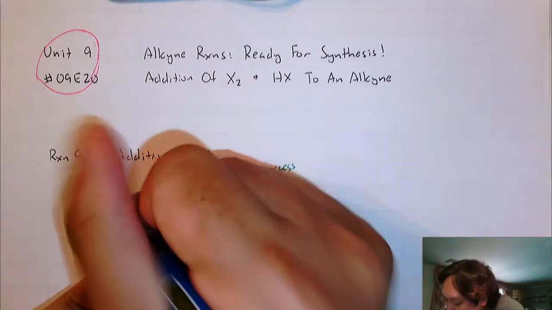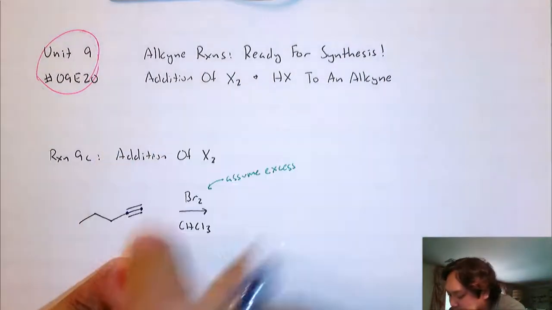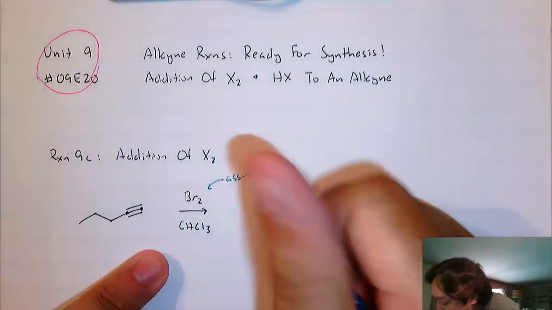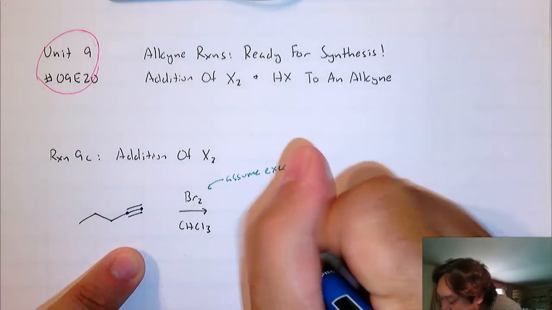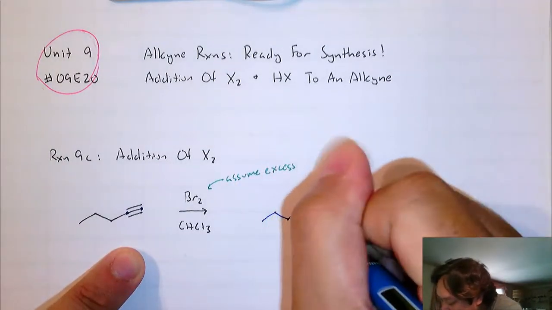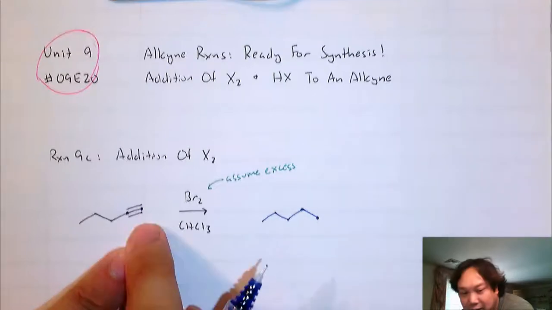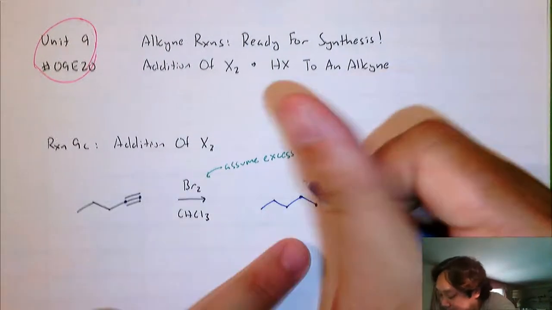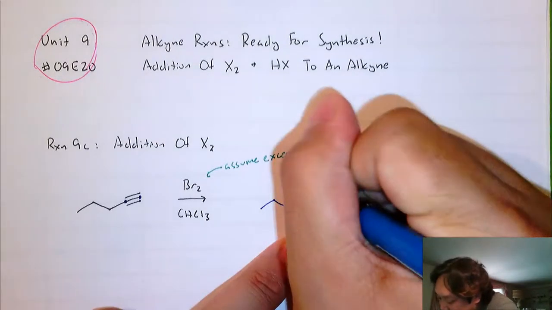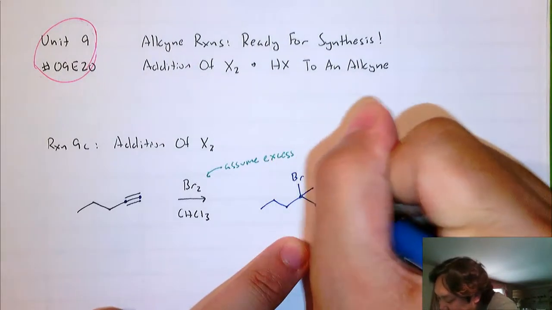Put 2 dots on your carbons of the alkyne, because you don't want to lose any carbons, and you're converting it to a single bond. Dot, dot. And you'll see from the mechanism we're going to do this twice. And yes, it's going to be a tetrahalide.